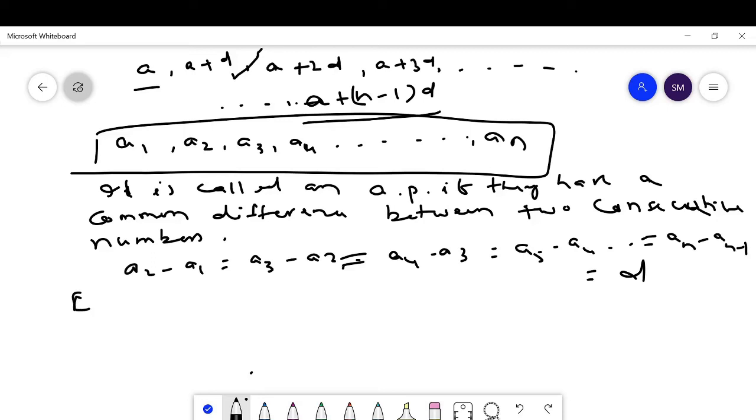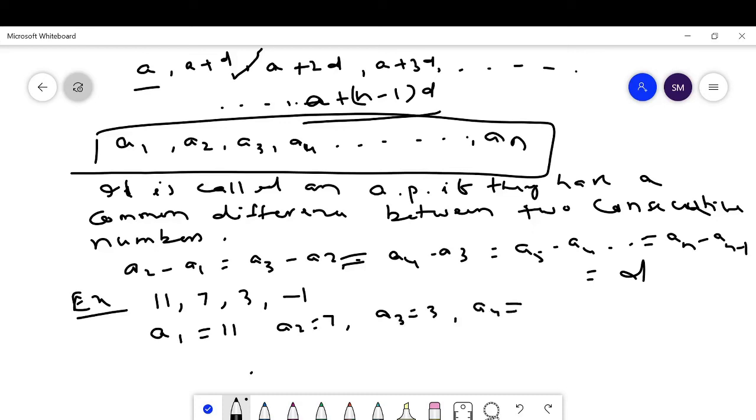Here is another example. The sequence is 11, 7, 3, minus 1. The first term A1 is equal to 11, A2 is equal to 7, A3 is equal to 3, A4 is equal to minus 1. A2 minus A1 is 7 minus 11, which is minus 4.